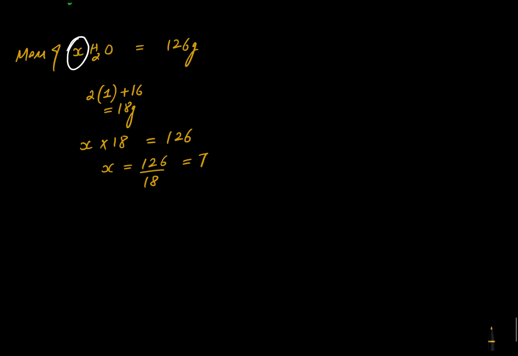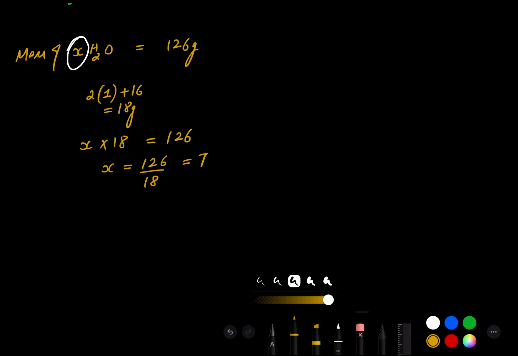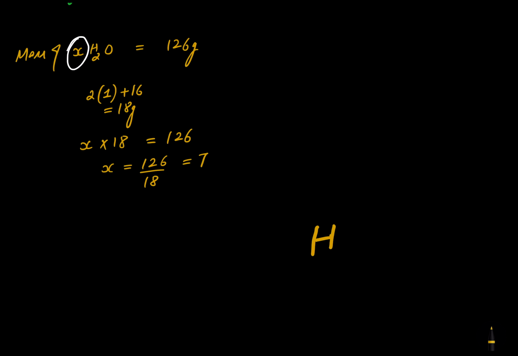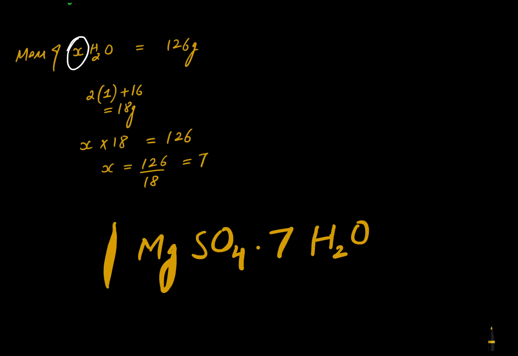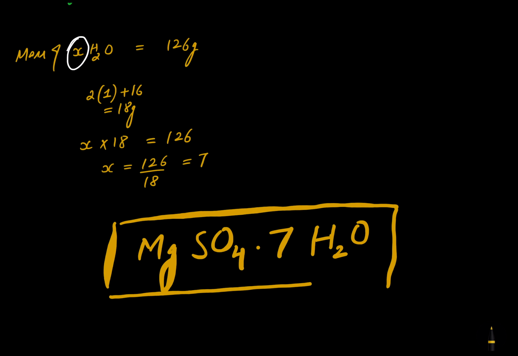That means, my dear students, I am having water of crystallization to be 7 in number. And what was my salt? It was magnesium sulfate. So I got the formula of the crystalline salt, that is magnesium sulfate dot 7H2O.